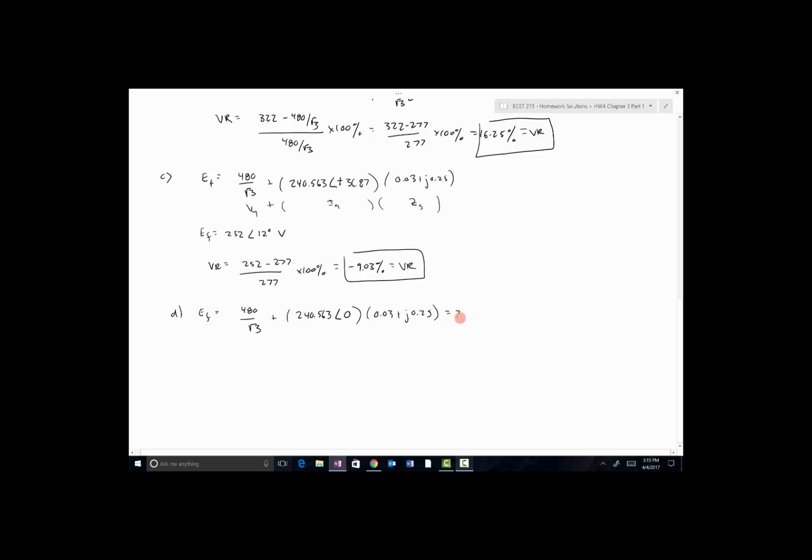And so we get a value of 290.636 at an angle of 11.94 degrees volts. Voltage regulation of the system is then 290.64 minus 277 over 277 times 100% is 4.92% voltage regulation at a unity power factor.